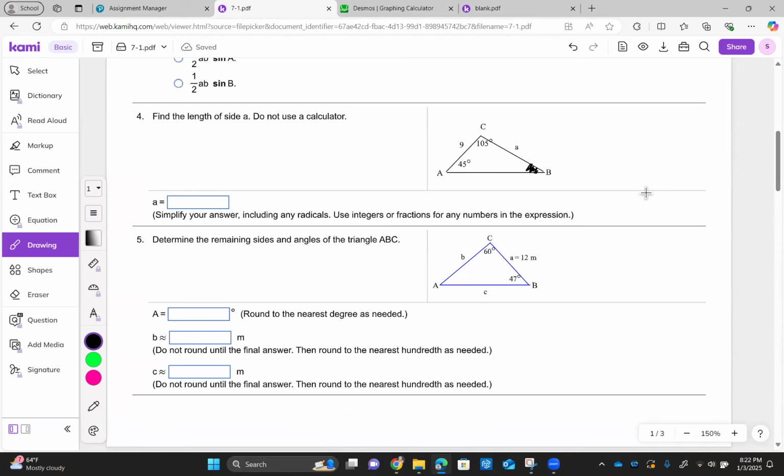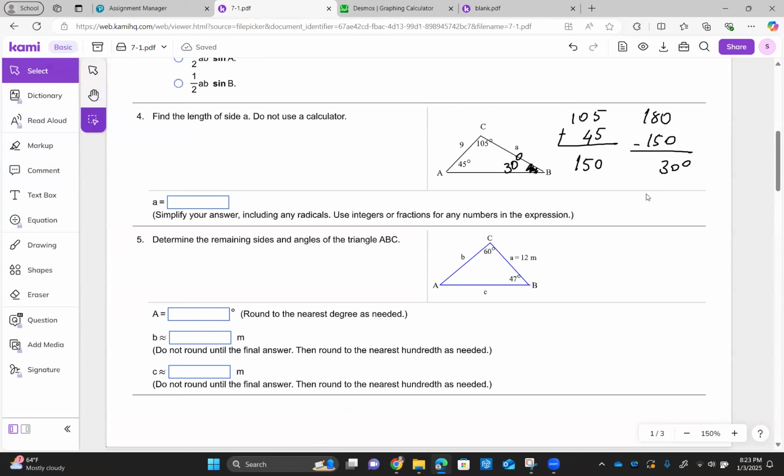But this side, 9, I need, and it's opposite this angle. In a triangle, all angles add up to 180 degrees, so I add 105 with 45. The sum is 150, and I subtract 150 from 180. So the missing angle is 30 degrees right here.